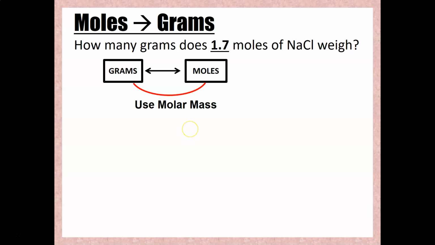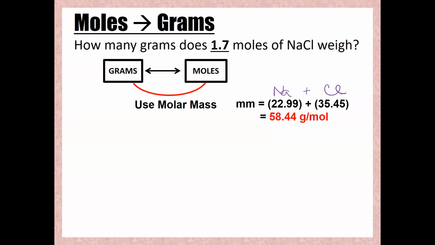So I need to look at my actual formula for sodium chloride and figure out that the molar mass is 22.99 for sodium. And I'm adding in the mass of my chlorine, which is 35.45. When I add those together, I get 58.44 grams per mole.